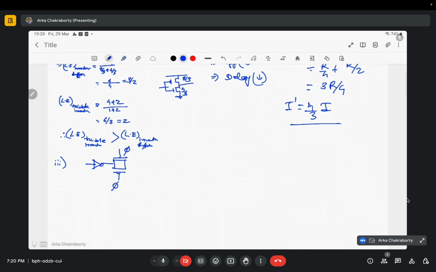Phi and phi bar. Basically this phi and phi bar would be the inverse of what is present here.